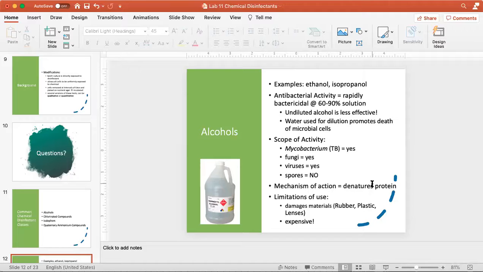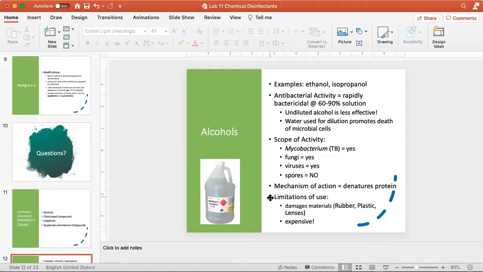And the order of the amino acids determines the different proteins. There can be hundreds or even thousands of amino acids in that string. And once that strand is made, it folds into a 3-dimensional shape. And it's the shape of that protein that allows it to do its job. What alcohols do is unfold proteins, denature proteins, and they can no longer do their function anymore, and the cell dies.